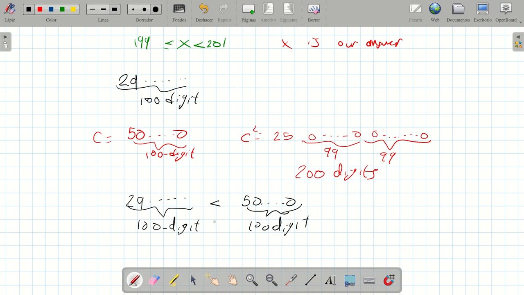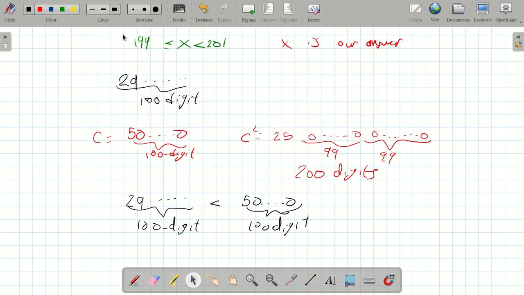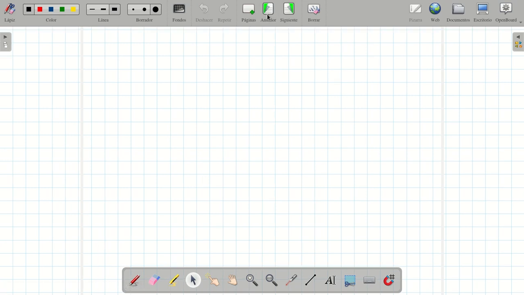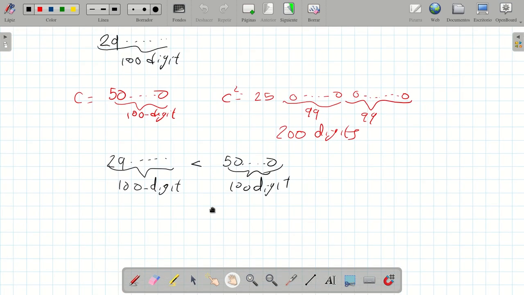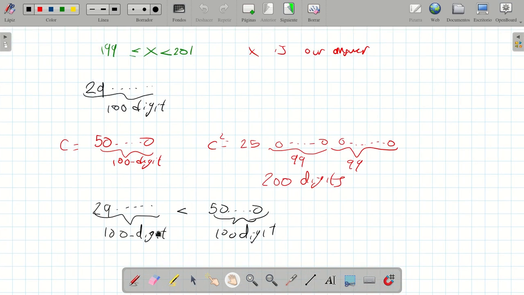So if we recall this idea, looking for a ceiling, this number is bigger and has 200 digits.